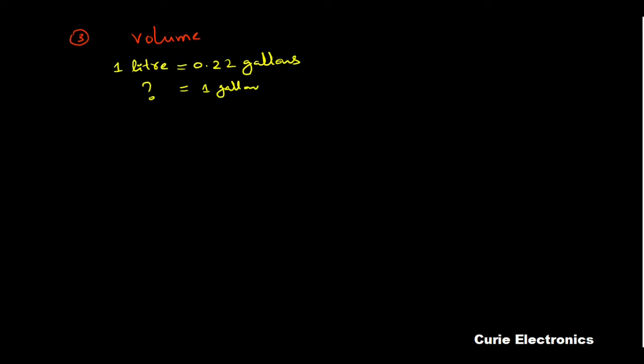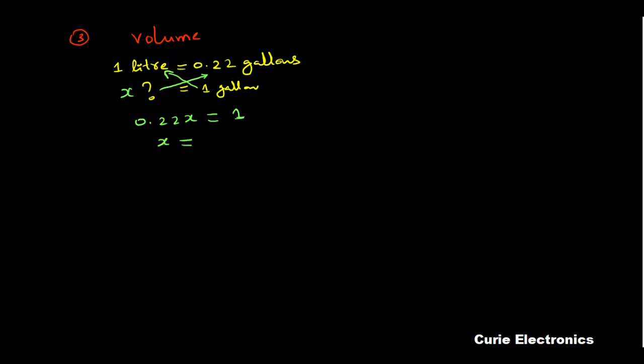You need to know only one of them. You put this as x and cross multiply. 0.22 x equals 1.